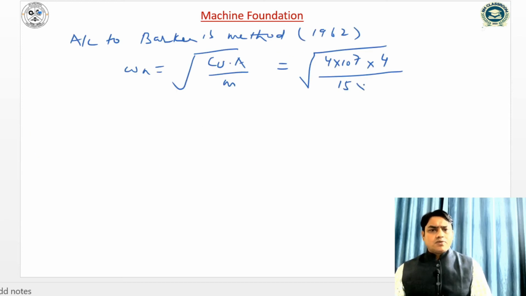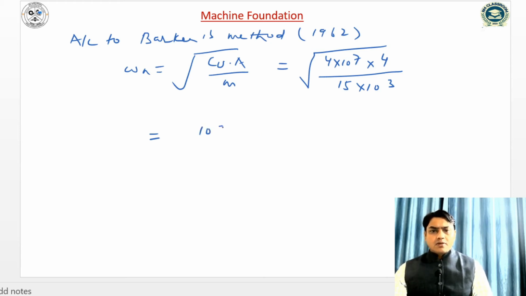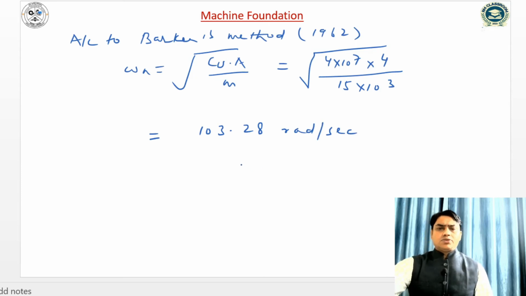So the natural frequency is square root of 16 into 10 to the power 7 divided by 15 into 10 to the power 3. So it is 103.28 radian per second.